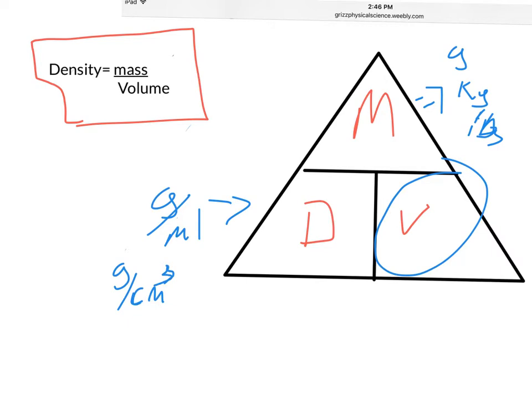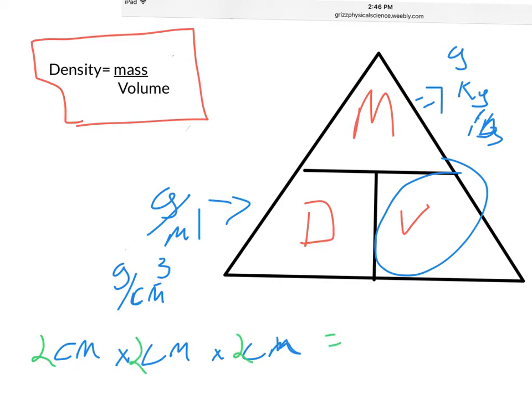Now, I always get the question asked, ma'am, why does it have to be cubed? Okay, because to get volume, centimeters by itself is length. So to get volume, you have to do centimeters times centimeters times centimeters. So if a problem gives you something like 2 centimeters, then you'd have to do 2 centimeters times 2 centimeters times 2 centimeters.